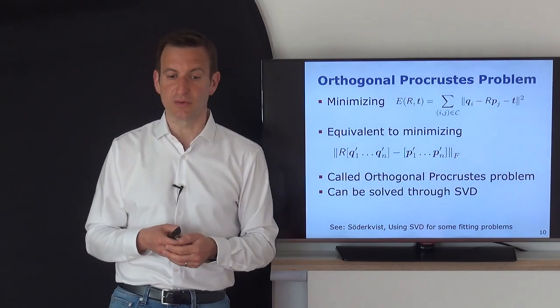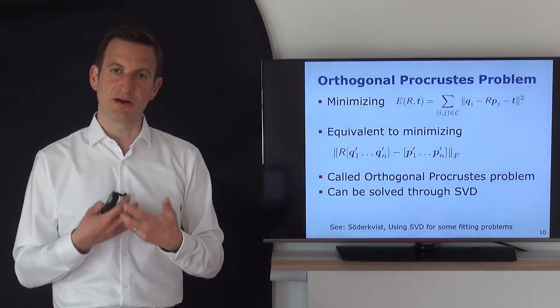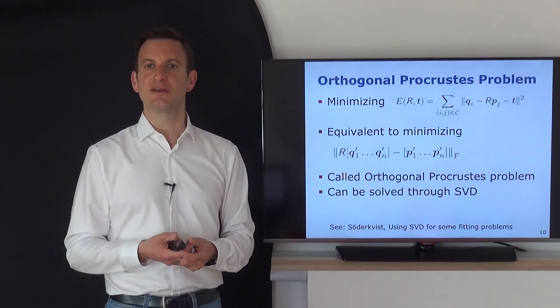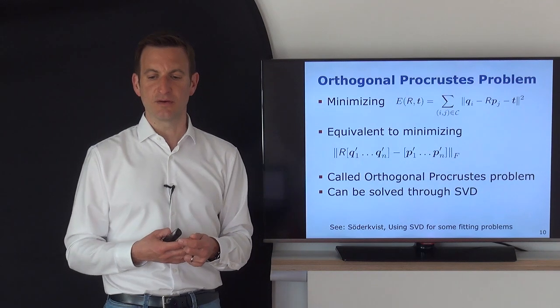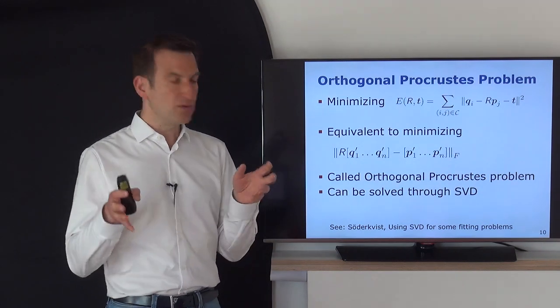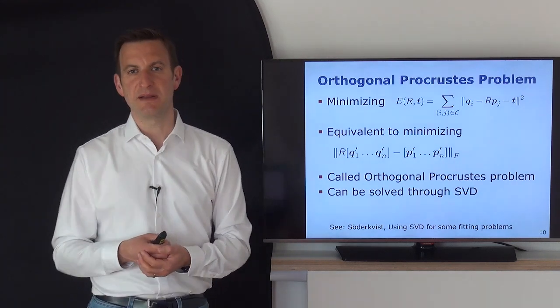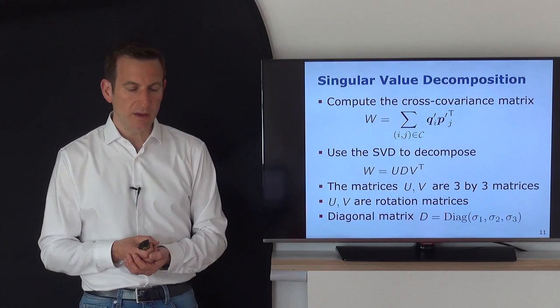And this is something which is known as the orthogonal Procrustes problem that we can solve. And there exists a solution for that, and this is a solution which relies on a singular value decomposition. And basically it uses the singular value decomposition to actually compute this rotation matrix R, which minimizes this expression.